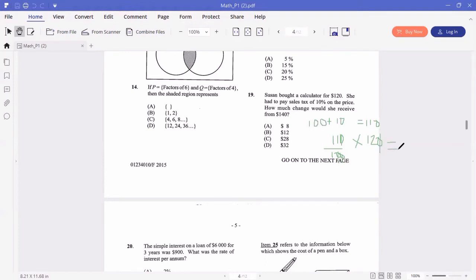So I get 11 times 12 and 11 times 12. So we get 2 times 1, 2, and 2 times 1, 2.